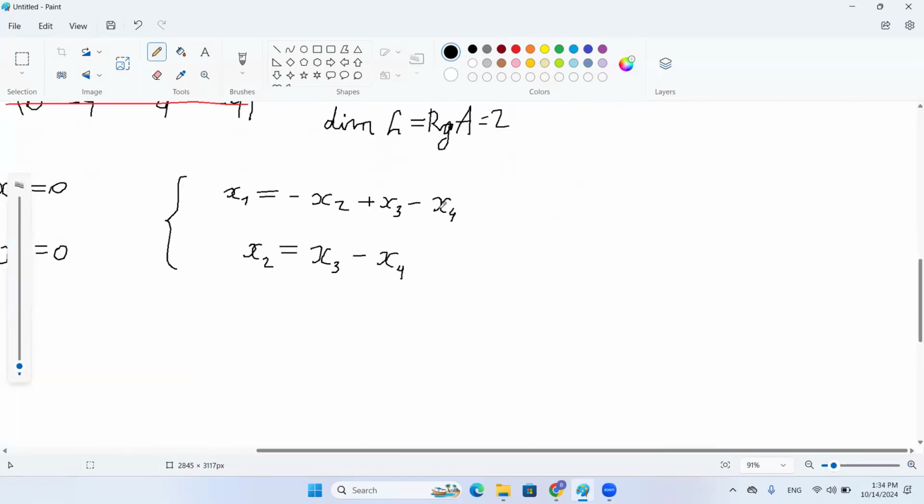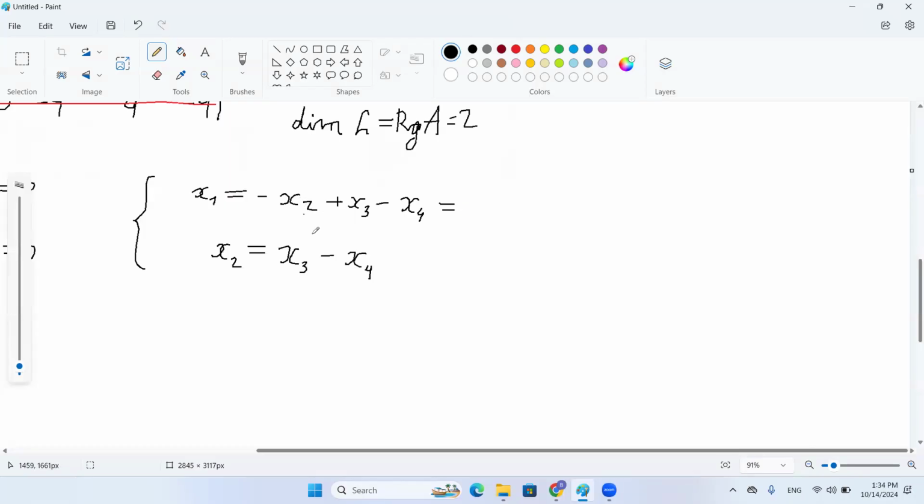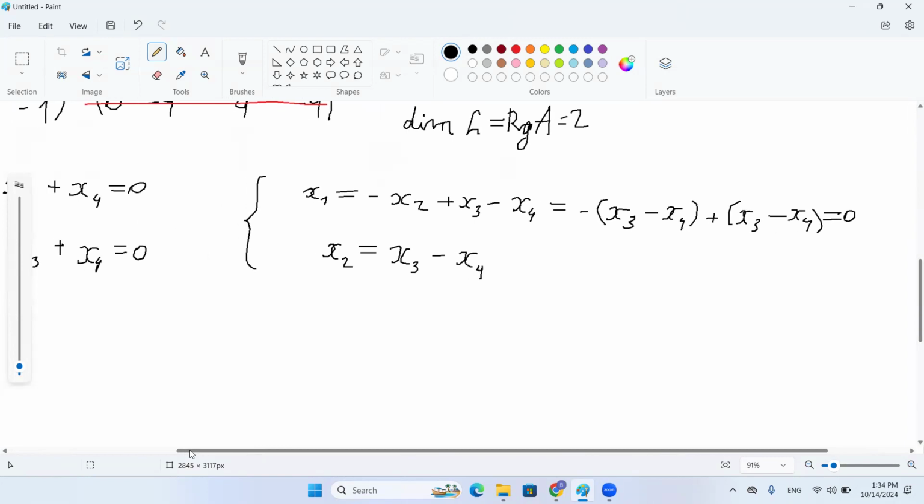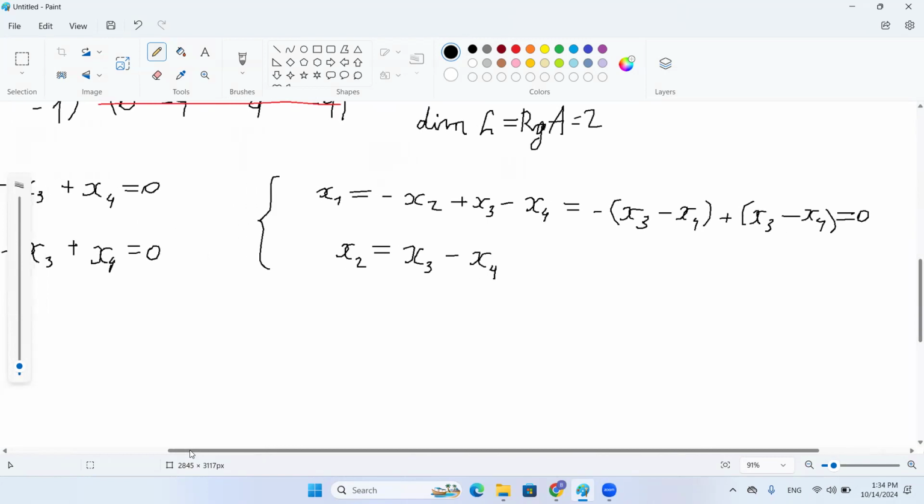And let's substitute x2 with this part. So minus x3 minus x4, plus x3 minus x4. And it always equals 0, so x1 doesn't depend on any variable.